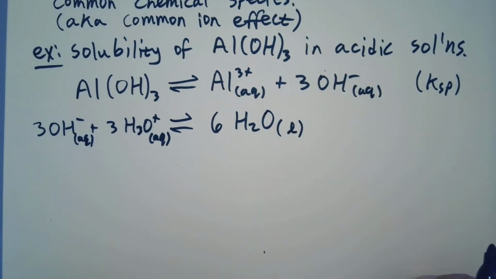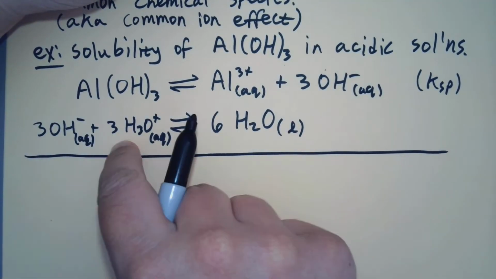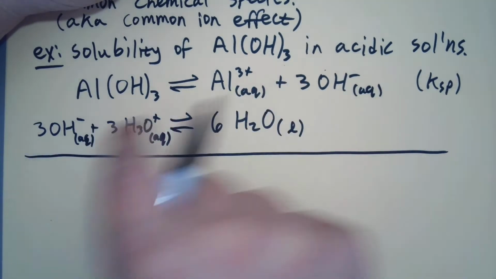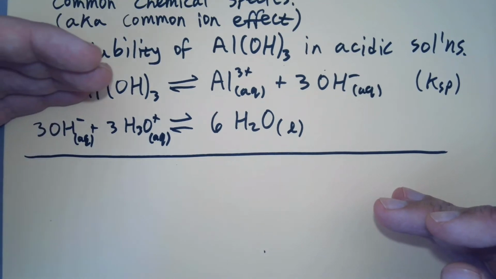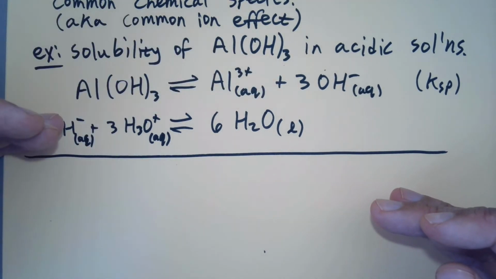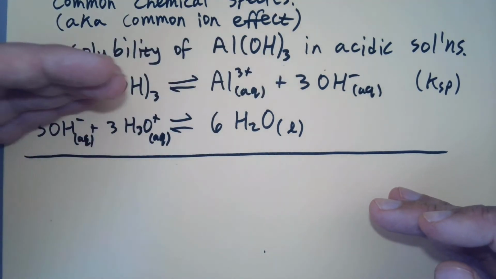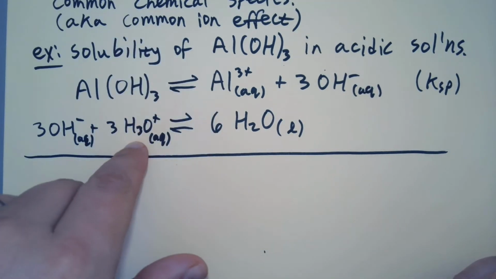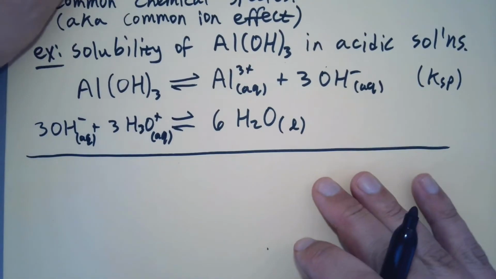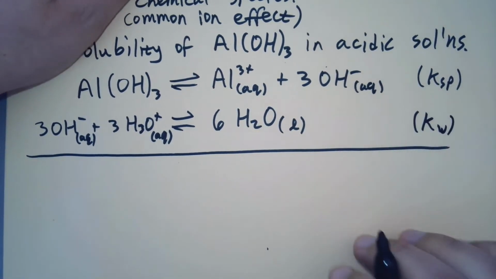Okay. And so there's a common ion between them, hydroxide. So they're coupled. So if this starts to dissolve, it will react with the H3O plus and make water, which is going to pull this further right, which is going to increase its solubility, okay, because we have a high concentration of this. And so what's K for the second expression? Well, it's just KW, so 10 to the minus 14.